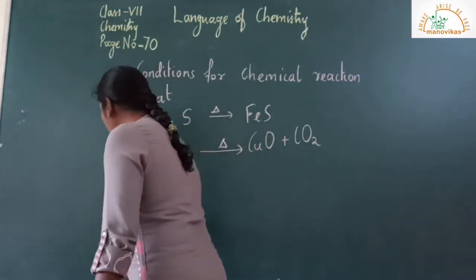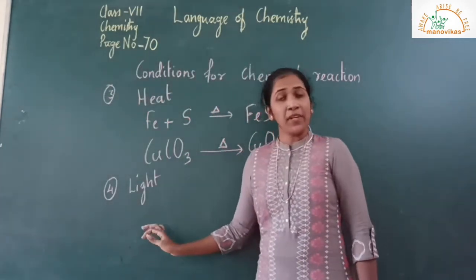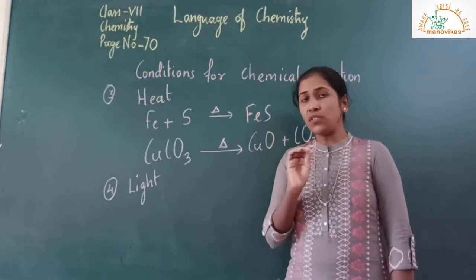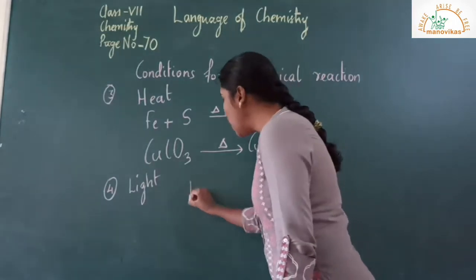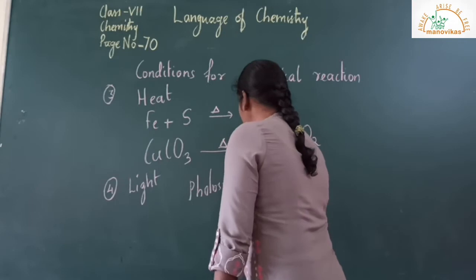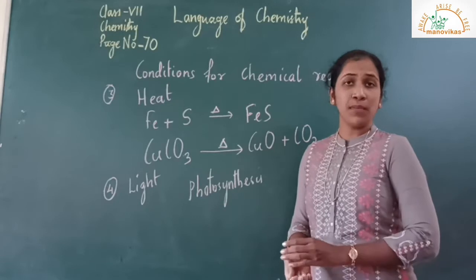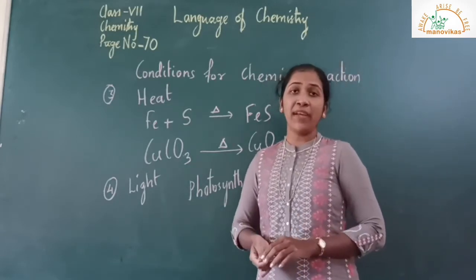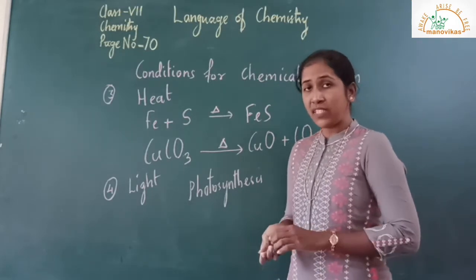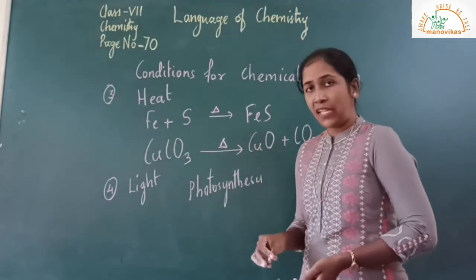The fourth one is light. Certain chemical reactions can also take place with the help of sunlight. The best example we can take is photosynthesis. I'm sure you all must know what we mean by photosynthesis. Photosynthesis is a process in which green plants prepare their food with the help of chlorophyll, carbon dioxide, water, and along with that you require sunlight.